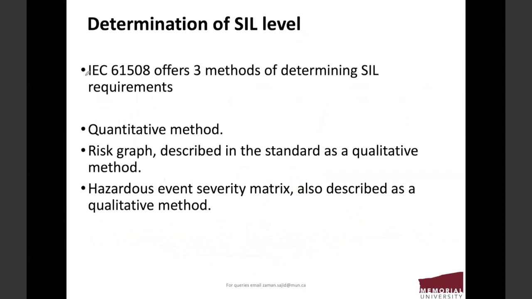As I mentioned, there are some standards available which are used to determine the SIL level of a SIF. There are quantitative methods and some qualitative methods, which include the risk graph and the development of the risk matrix.